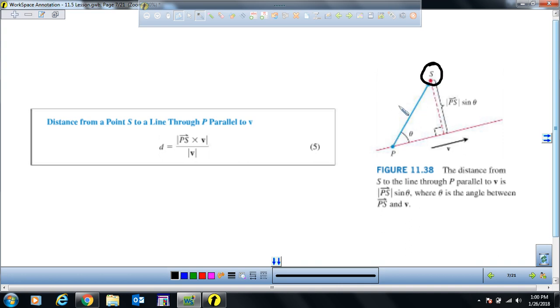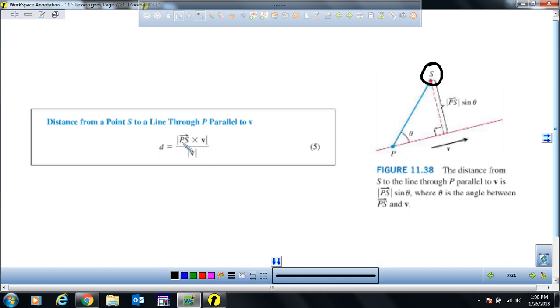The formula to find the distance from a point to a line: we need to find some point on that line, so we call that point P, and then we need to find a vector that goes from that point P to that point S. Then we find the magnitude of the cross product of PS with some vector V that is parallel to that line, so we can make a right triangle.